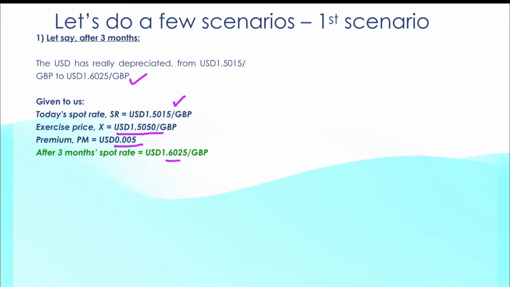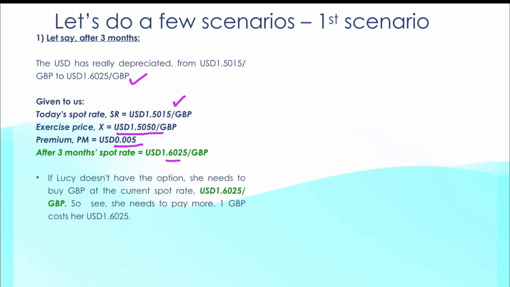What should Lucy do? If Lucy doesn't have the option, she needs to buy GBP at the current spot rate, which is 1.6025 per GBP. So, see, she needs to pay more. For 1 GBP, she needs to pay 1.6025.